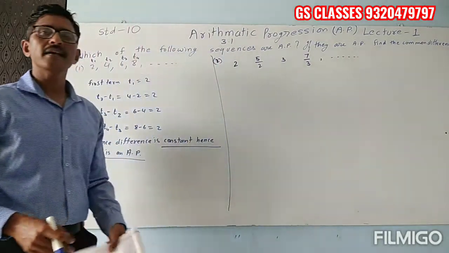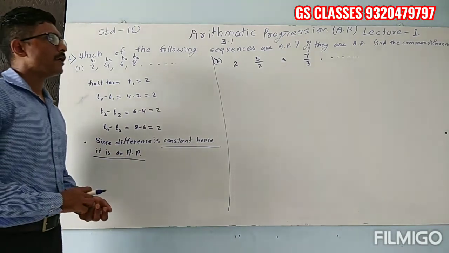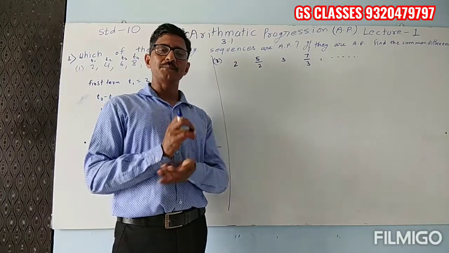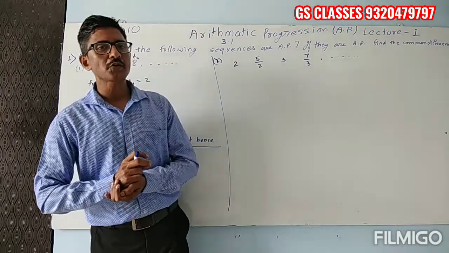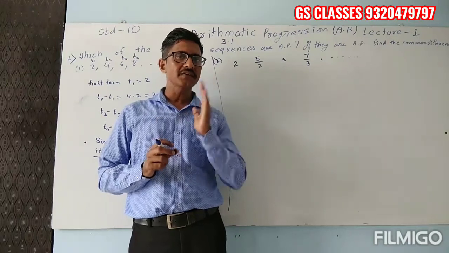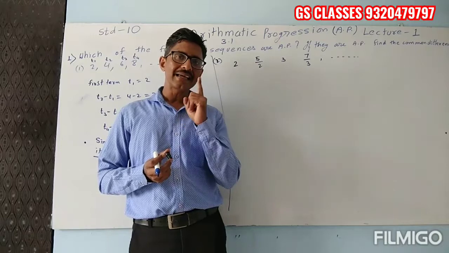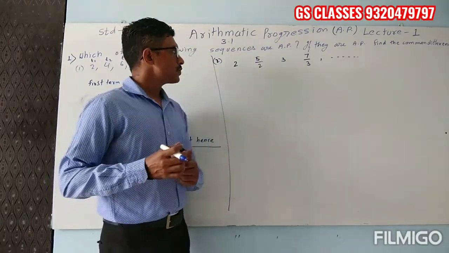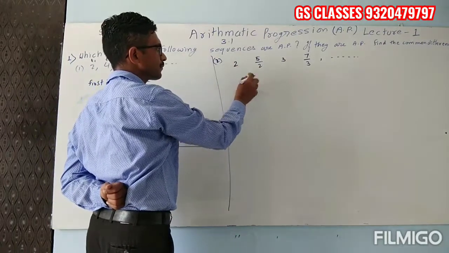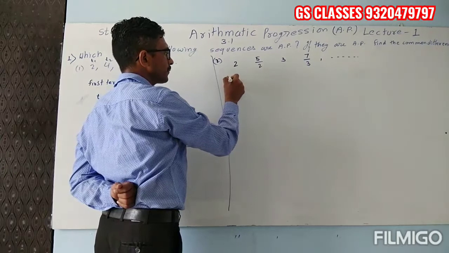Now children, here we have to find out whether it is an AP or it is not an AP. Children, as you know, if the difference is constant, then only it is an AP. So here we can write, 2 2 ja 4, I will write this way.